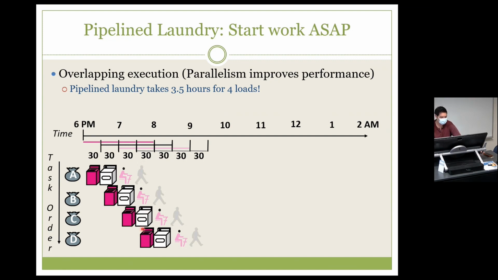And once we've reached this point, assuming we have an infinite number of loads of laundry to do, we are finishing 1 load of laundry every 30 minutes, right? Because every 30 minutes, the person putting stuff away is finishing that batch of laundry. And a new one is coming in immediately. So we can do something like this in our computer architecture as well.